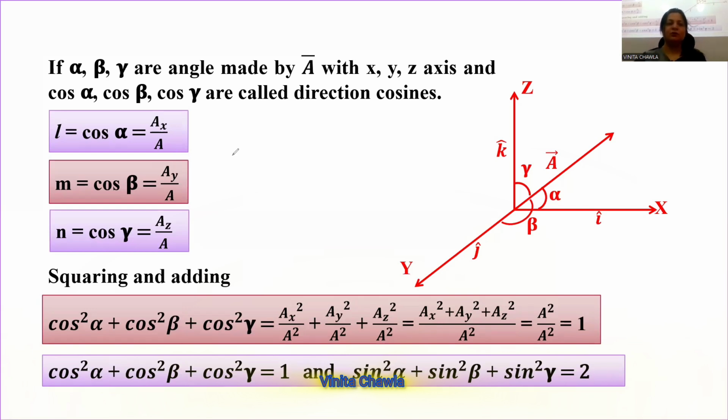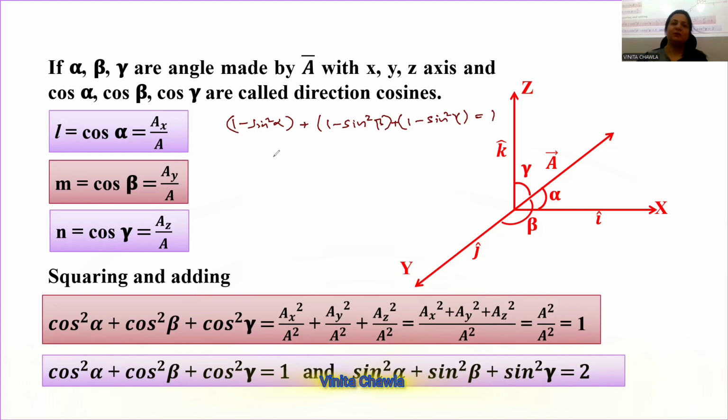Okay, so cos square alpha can be written as 1 minus sin square alpha, cos square beta is 1 minus sin square beta, and cos square gamma is 1 minus sin square gamma, is equal to 1. So we have 1 plus 1 plus 1, 3 here.